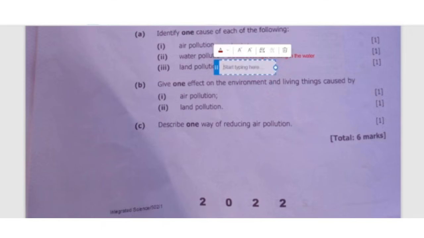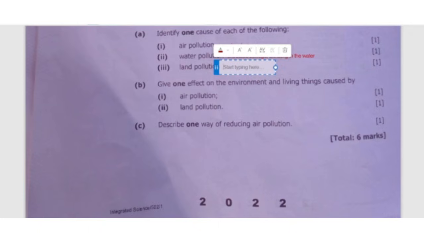We come to question number A3, land pollution. How is the land polluted? Okay, so one is throwing of garbage anyhow.